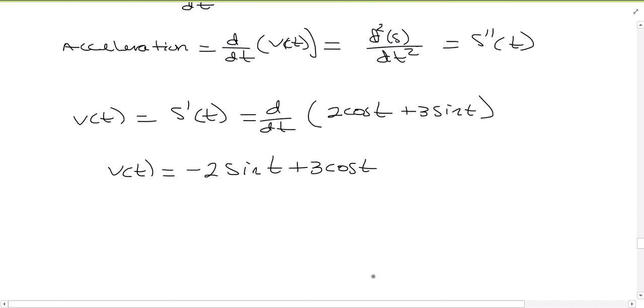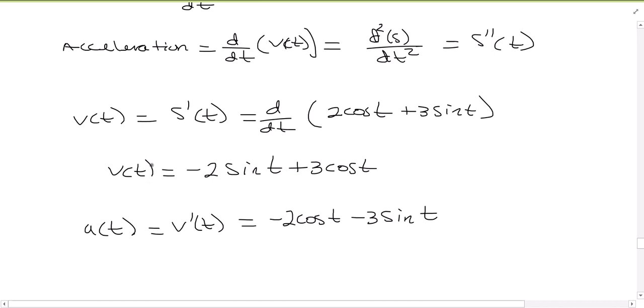So that's our velocity function. Now the acceleration function is the derivative of the velocity function. The derivative of sine is cosine, so I'm going to stay with the minus 2, not cosine t, but the derivative of cosine is negative sine, so it'll be minus 3 sine t. So now we have our velocity function and our acceleration function.